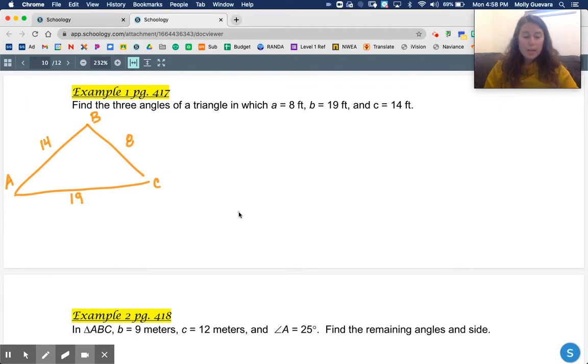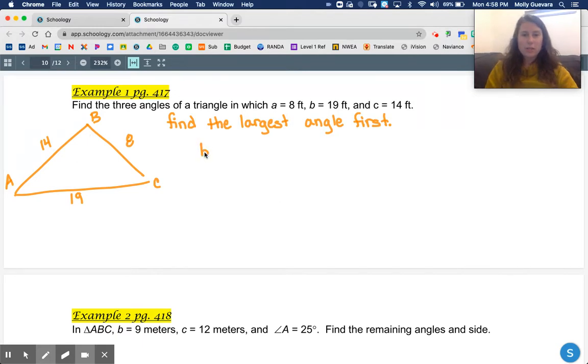So typically, what you want to do is find the largest angle first. We know which angle is going to be the largest because it's across from the largest side, right? So here angle B is going to be the largest.